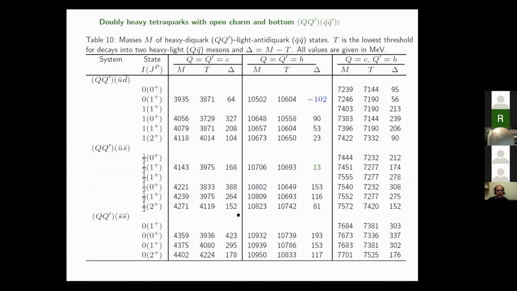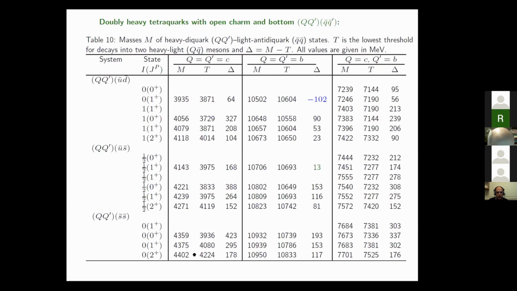Now we can go to the doubly heavy tetraquarks with open charm and bottom. They contain just two heavy quarks and a light antidiquark. Here we give the predictions for when both heavy quarks are C quarks, here both quarks are B quarks, and here one quark is C and another is a B quark.